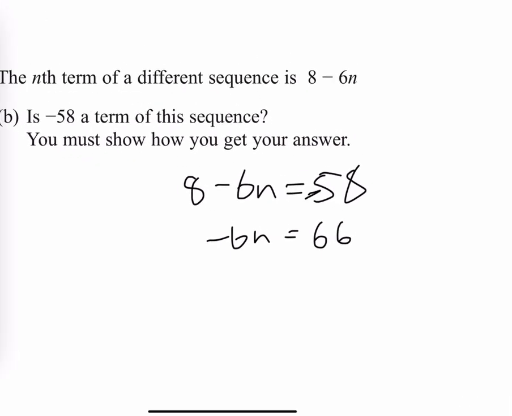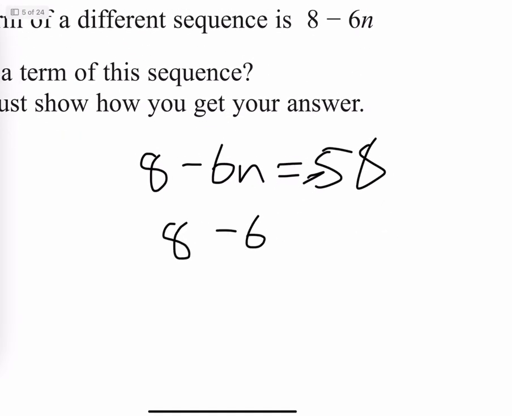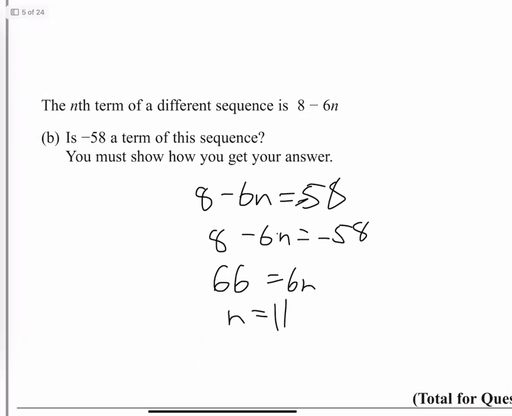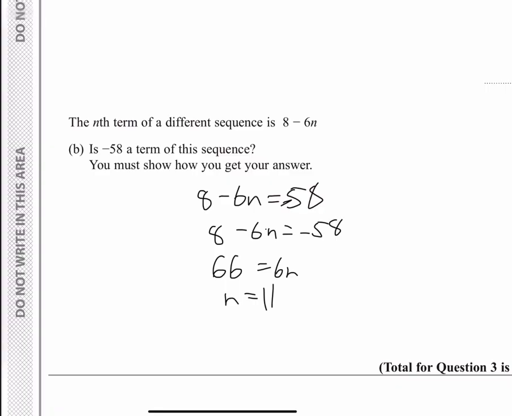It's minus 58, that would be silly. Okay. 8 minus 6n equals minus 58. Move that one over, what do we get? We would get 66 equals 6n, so n equals 11. So yes.